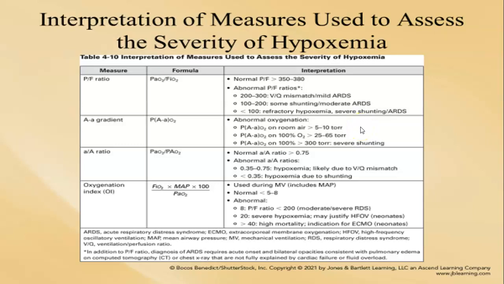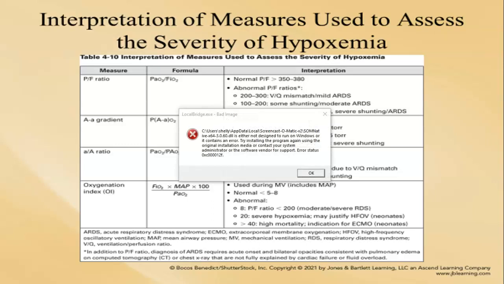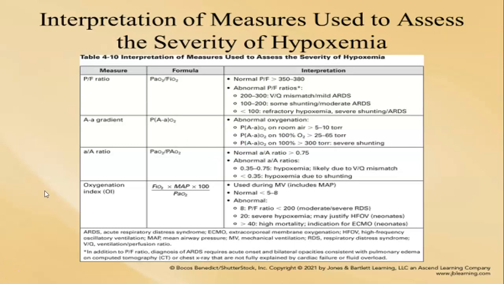Now, as a rule of thumb, remember the AA gradient is approximately the FiO2. So you can approximately have that much AaO2 gradient and still be considered normal because these numbers here are more precise, but you have enough numbers to remember.